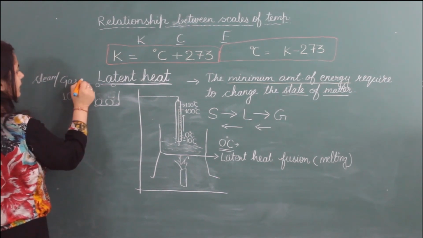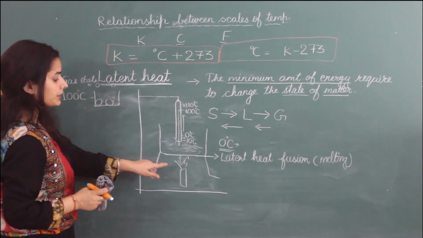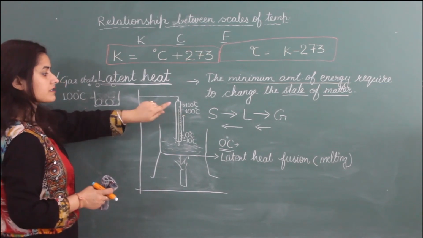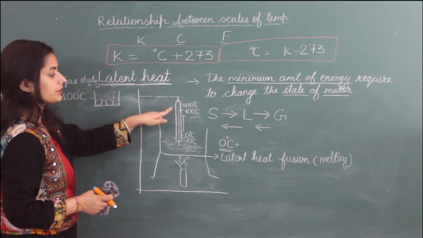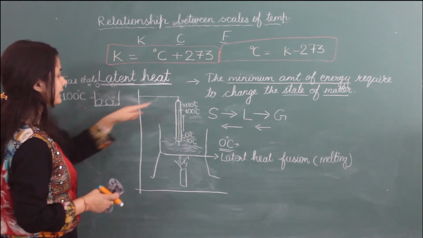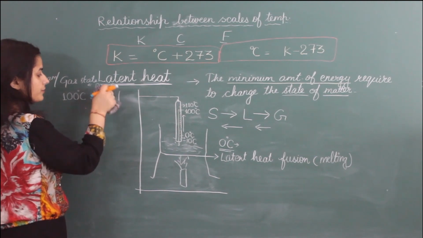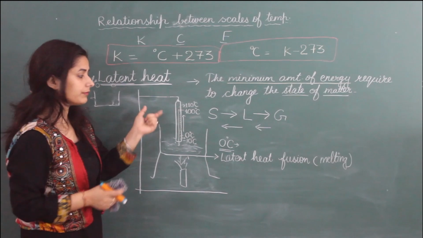Now we continue to heat this water. The temperature remains 100 degrees Celsius on this thermometer. It will not change until the complete water is converted into steam. So where does this heat go up to that time?